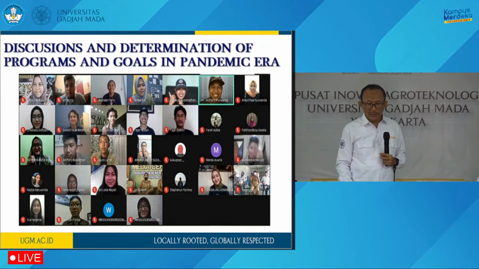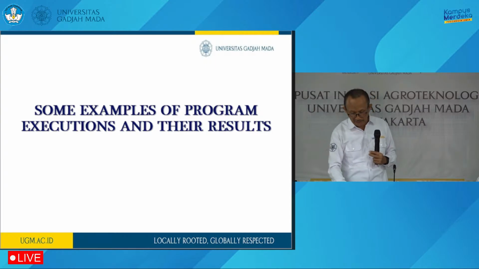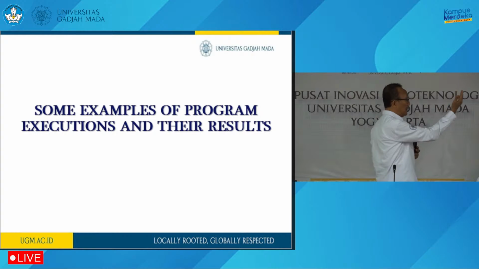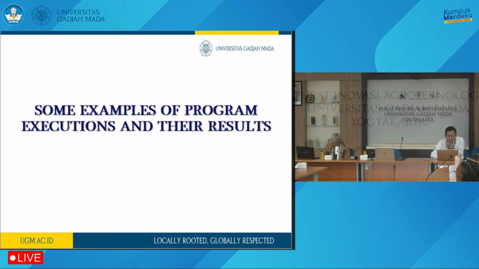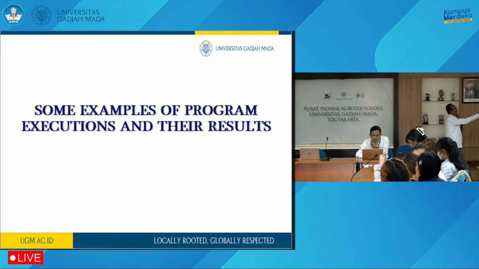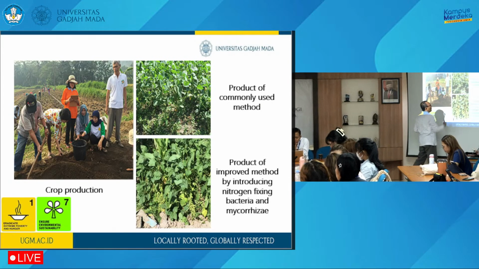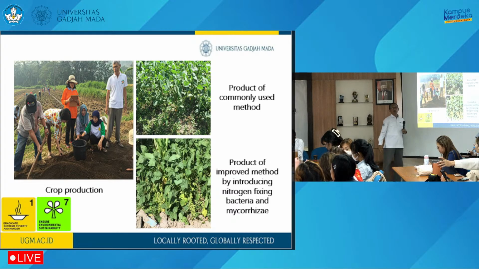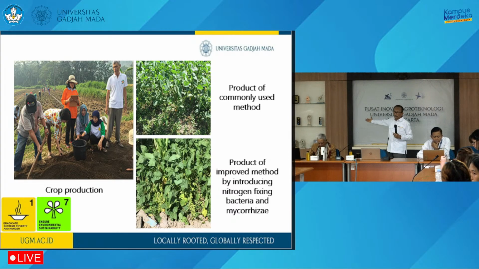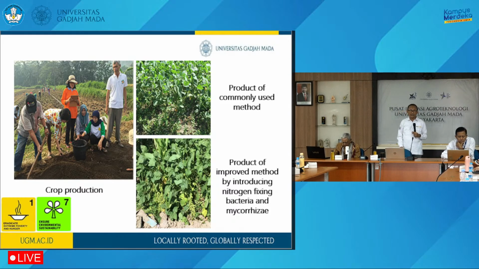And I will give some examples of the execution results here. For example, we teach the people how to grow soybean. This is the commonly used method, but now improved by introducing nitrogen-fixing bacteria developed by the Faculty of Agriculture.